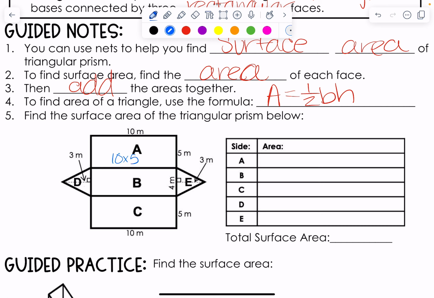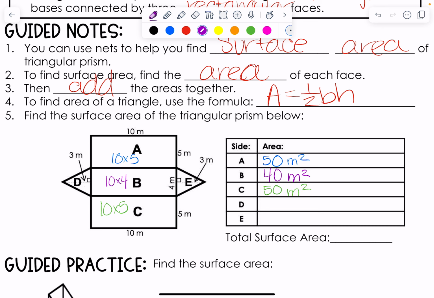So if I multiply 10 times 5, I'm going to get 50 meters squared. If I look at B, the dimensions of B are 10 by 4. So that's going to be 40 meters squared. C is another 10 by 5. It just happens to be the same as A. That's not always going to be the case. So that's another 50 meters squared.